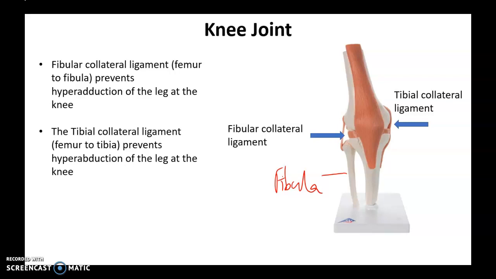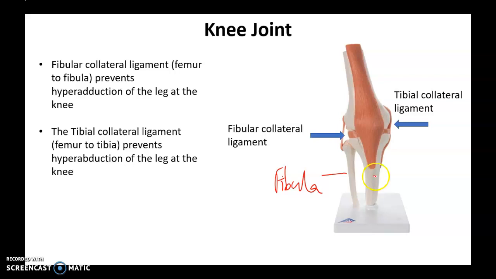This ligament runs from the femur to the fibula and prevents hyperadduction of the leg at the knee. In other words, it prevents the leg from moving too far medially relative to the thigh.